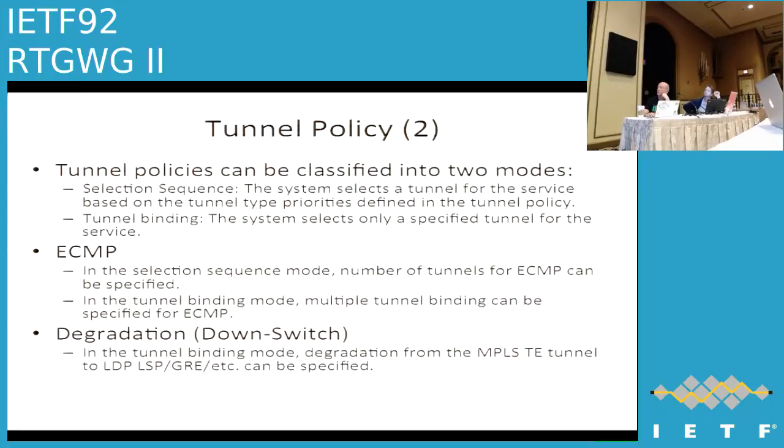So here we propose another choice, the degradation, which we call down switch. This means that in the tunnel binding mode, the degradation from the MPLS-TE tunnel to the best effort tunnel can be specified.